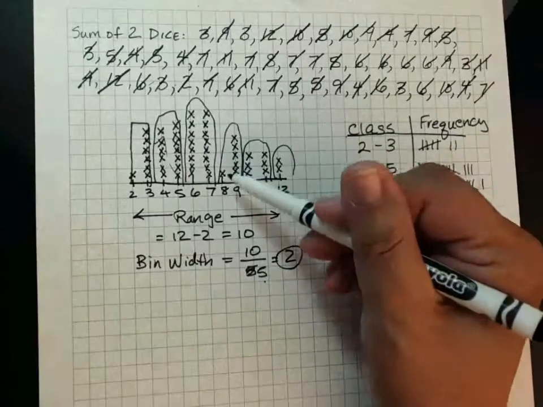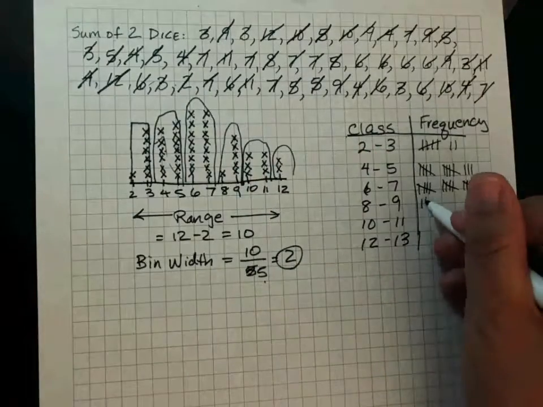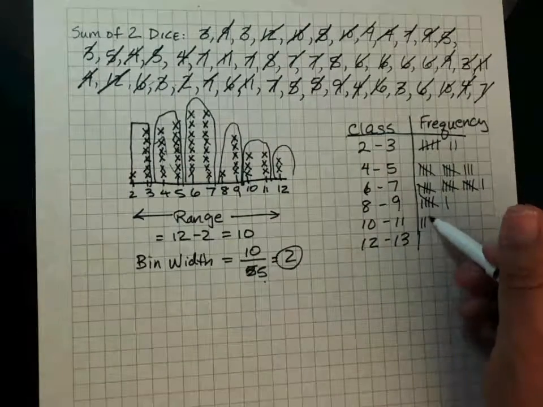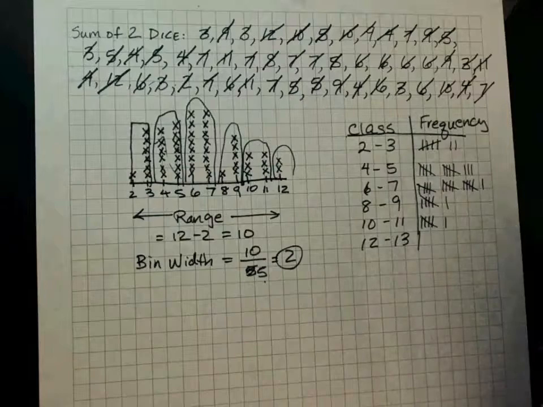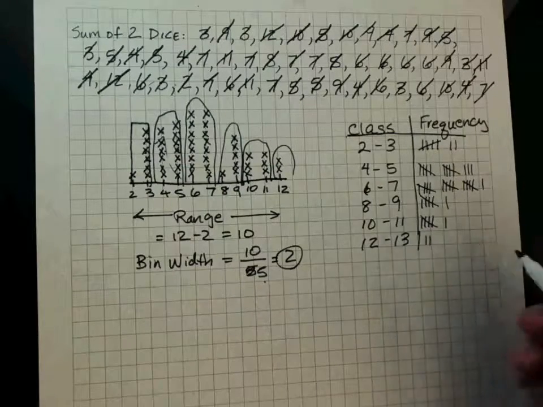And then 8 and 9, let me count those up: 6. 10 and 11 is also 6. And then finally 12, we have 2.